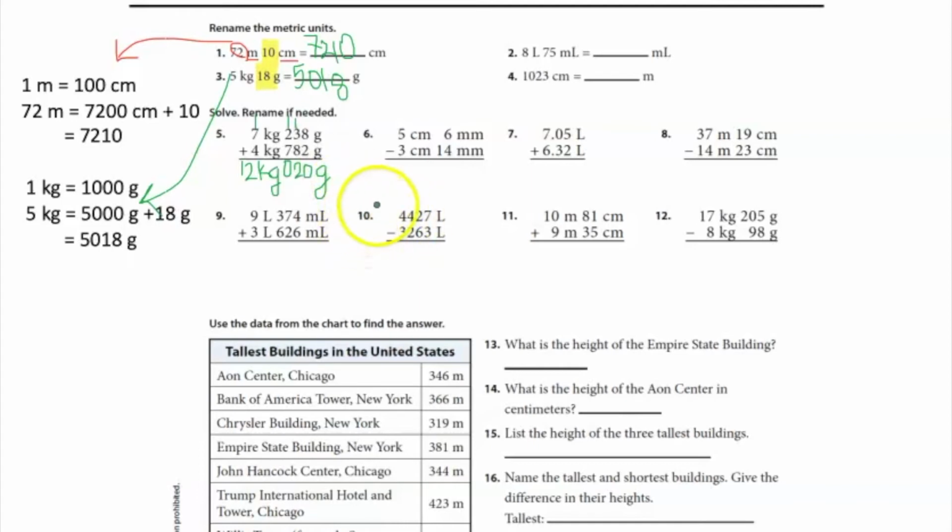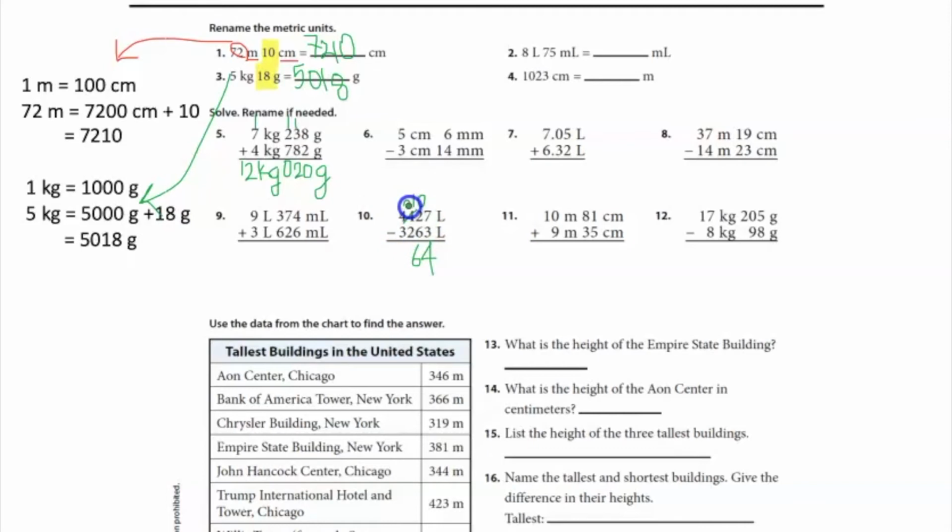Then let's do number 10, subtraction. What is 7 minus 3? 4. And what is 2 minus 6? 6 is bigger than 2, so we can never take away 6 from 2. So we're going to borrow. We're going to take 10. Now we can take away 6 from 12, which is 6.